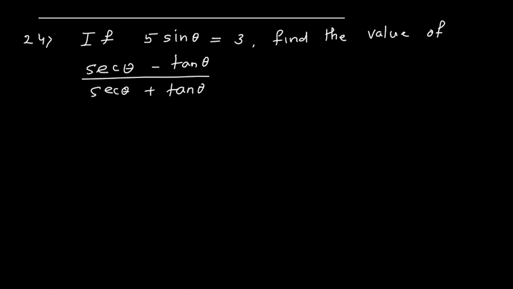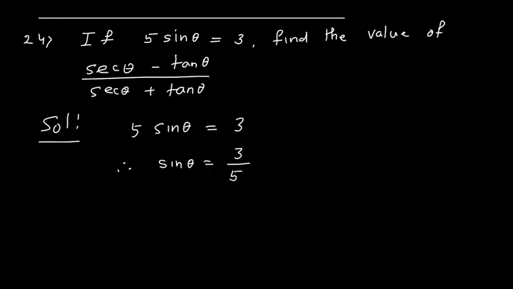Now in the solution, we have 5 sin theta is equal to 3. So therefore we will say that sin theta is equal to 3 upon 5.